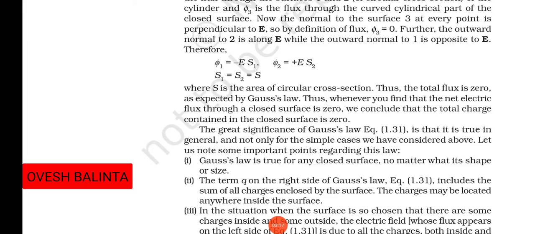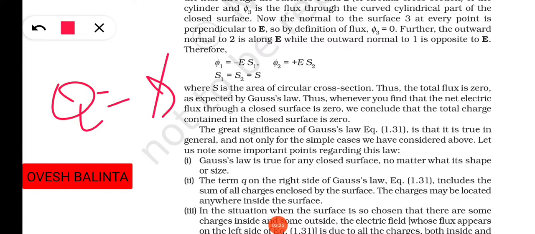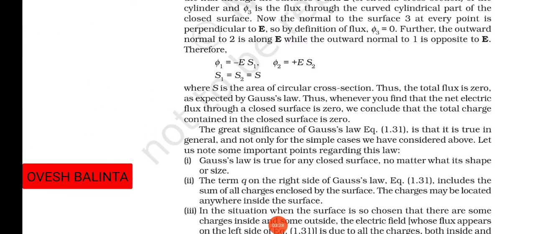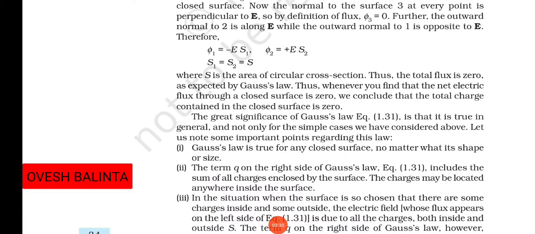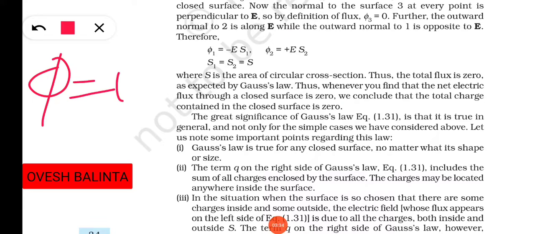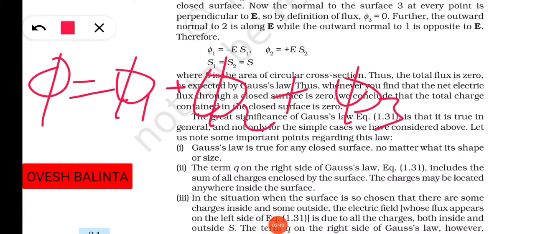Why? Because the flux phi is equal to phi 1 plus phi 2 plus phi 3, but phi 3 is equal to 0.